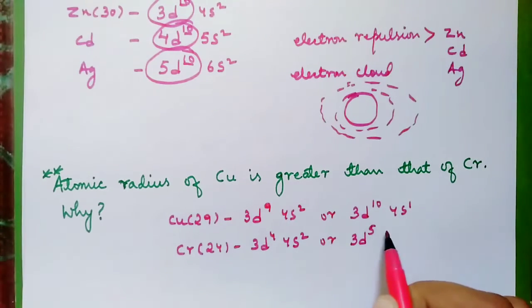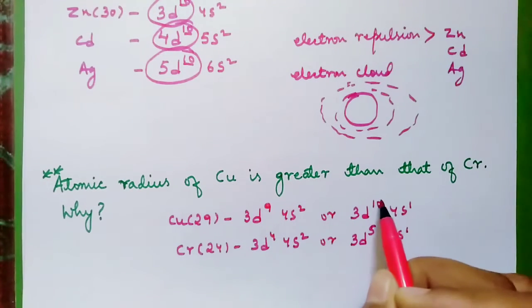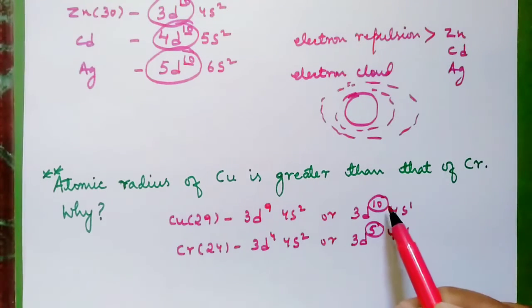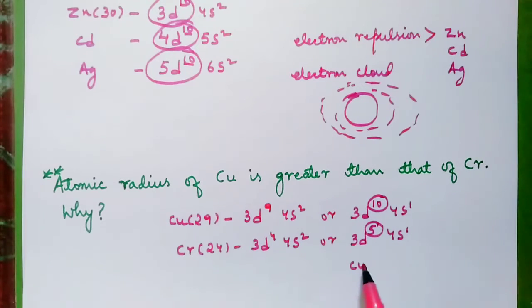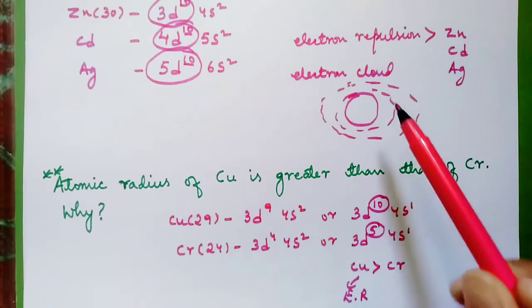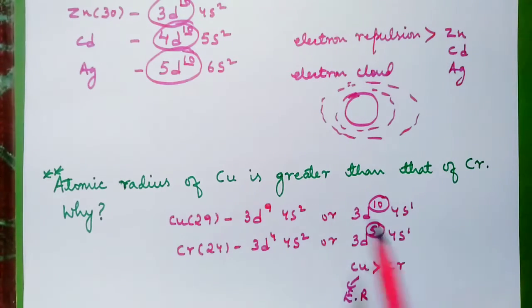So look here. Here the electrons are paired, whereas here they are unpaired. So electron repulsion will be greater in copper than that in chromium. Because of that, there is an expansion in the electron cloud. So that's why the atomic radius of copper is greater than that of chromium.